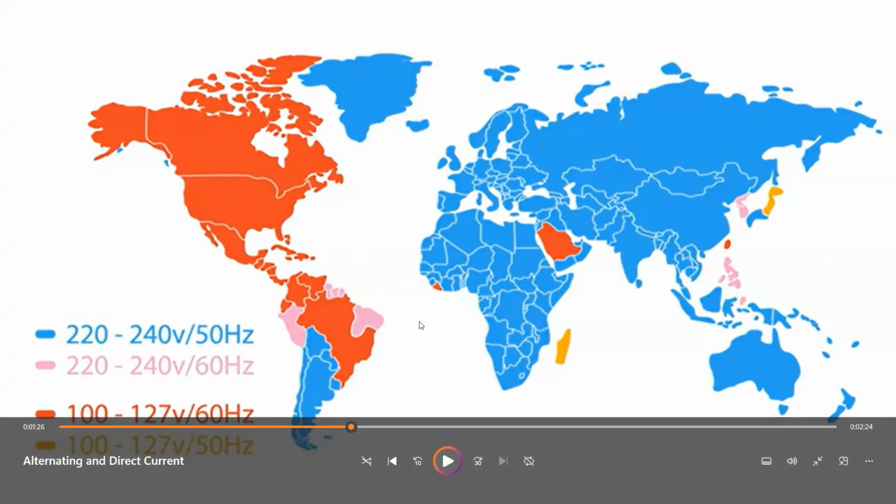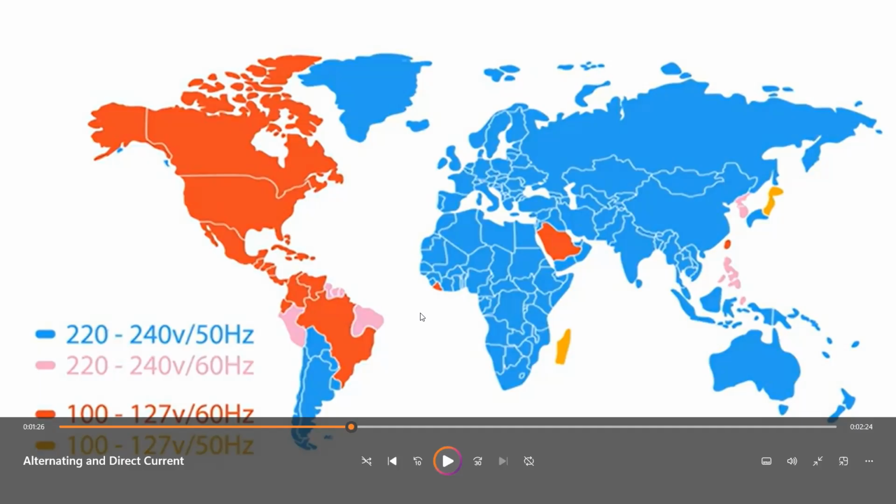This is maybe due to the fact that the first power stations in these countries were made by different European and American countries. In Egypt, our power stations were made by, I think, France or the UK. But in Saudi Arabia, the first power stations were made by the US. So when they made the power stations, they used the same technology they use.